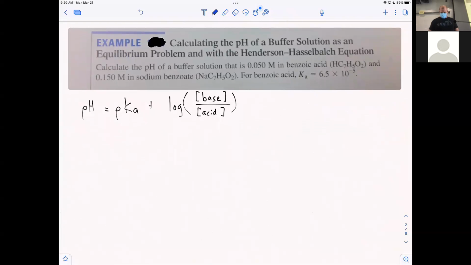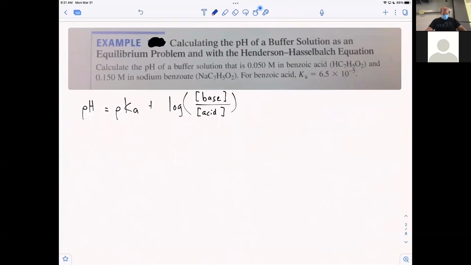As far as adding, you'd have to do an example like this first, and then see how it changes. Do I have a problem like that? I guess not. I have one in the homework.